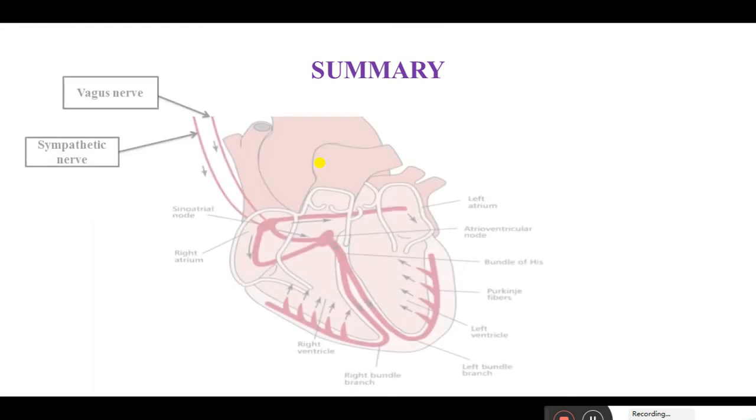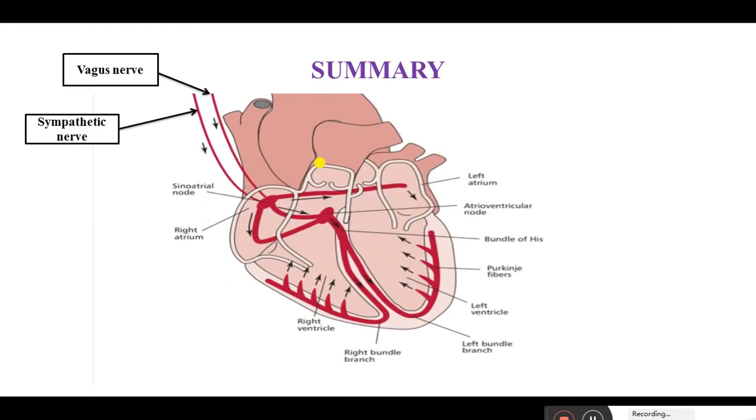Let's take a summary of the whole electrical system of the heart. Looking at the diagram here, we say the sinoatrial node generates the electrical impulse that stimulates the contraction of the myocardial layer of the heart.